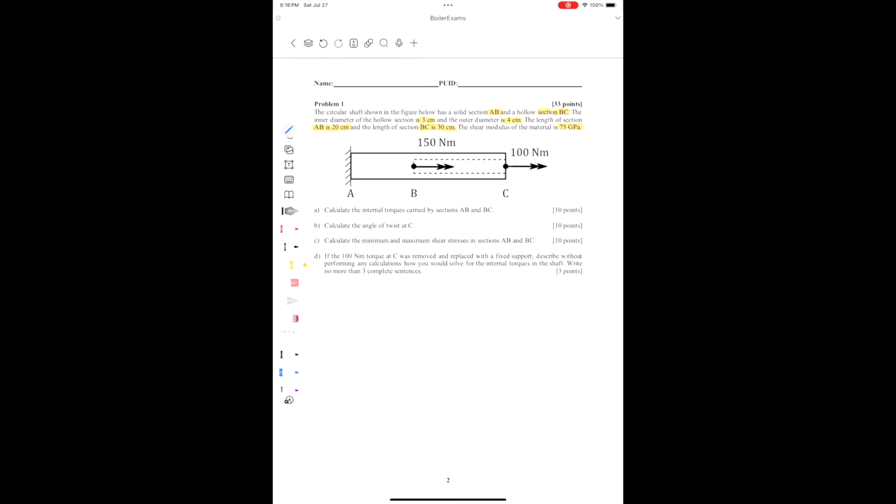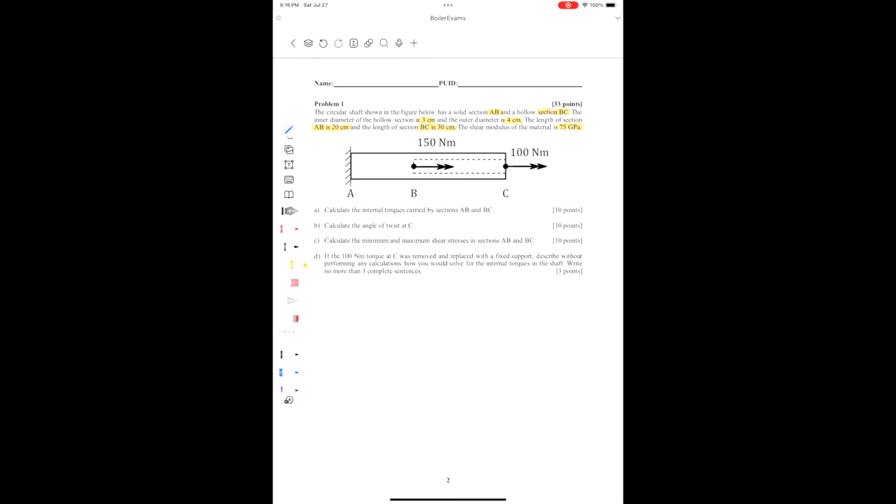So the problem's asking for a couple different things. Part A asks for us to calculate the internal torques carried in each of the sections. And then part B is going to ask us to use the internal torques that we just found in order to calculate what the angle of twist at section C is.